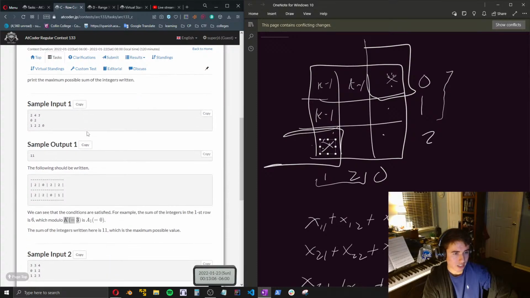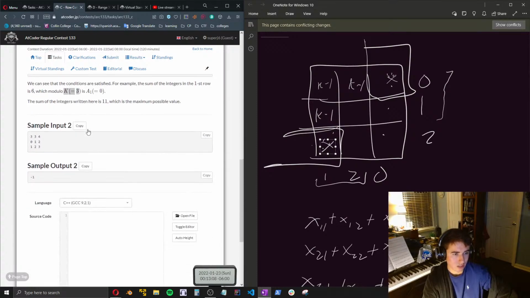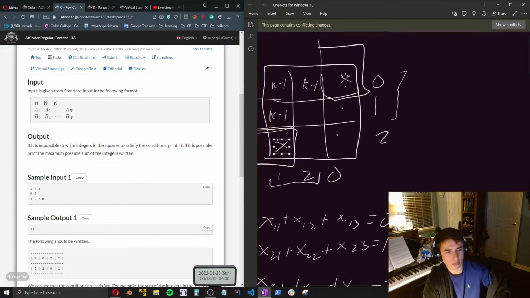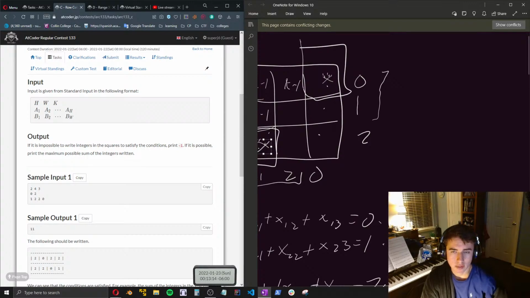What other strategy? Well, okay, we must not explicitly place the values then, because it seems like it'd be impossible, right?